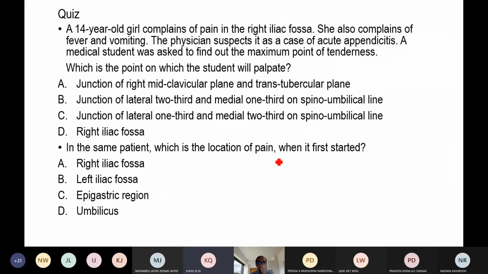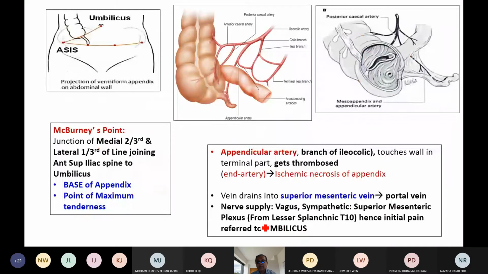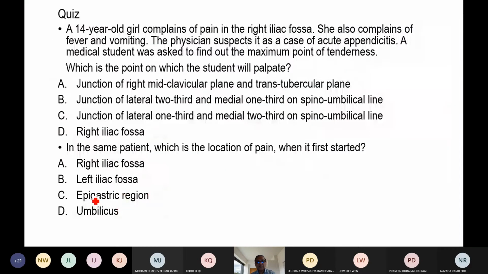C. C is the correct answer. Okay, next one. What did I tell here? What is the answer for this? Location of pain? D. D, correct.